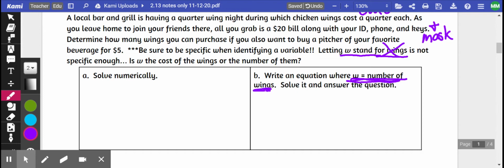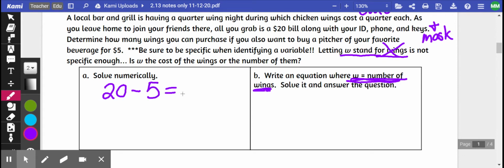Okay, so we want to find out how many wings we can buy if we have our $20 and we also get a beverage for $5. It does not say anything about tax or tip or dips or anything else. So we're only going off of this information. So if we solve this numerically, we would first account for the beverage.